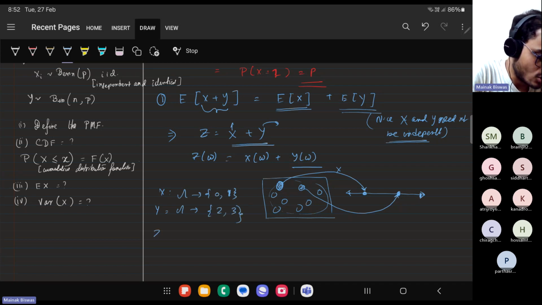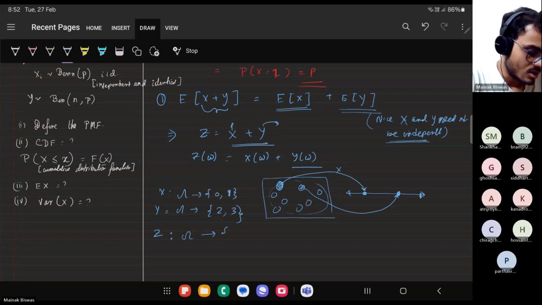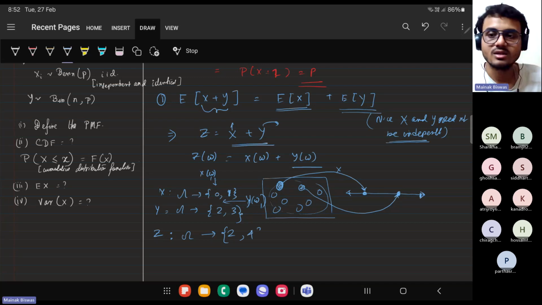So what will Z map to? 2 and 4, I guess. For the same events, X of omega 0 is 0 and X of omega 1 is 1, Y of omega 0 is 2 and Y of omega 1 is 3, so Z maps to 2 and 4, right?